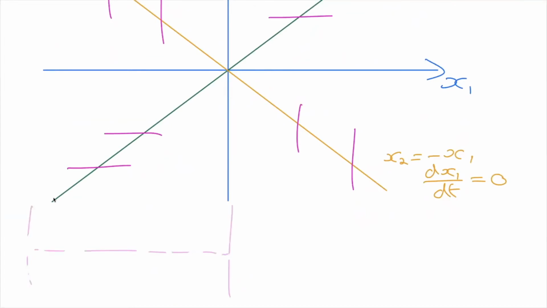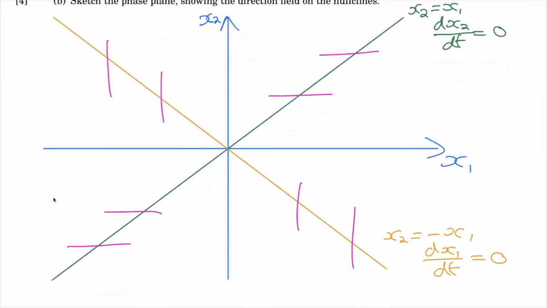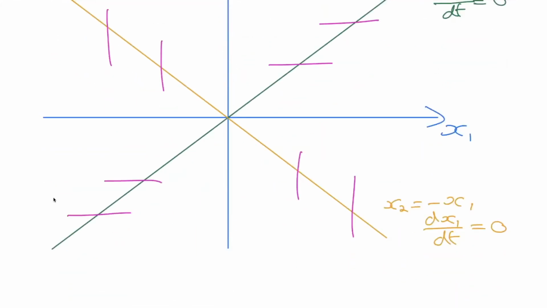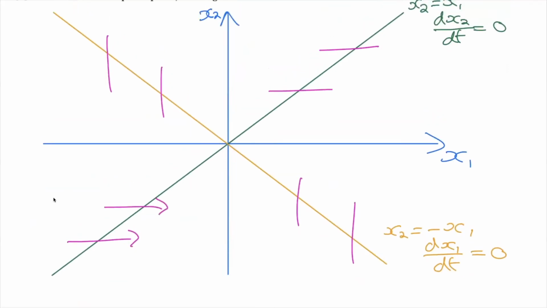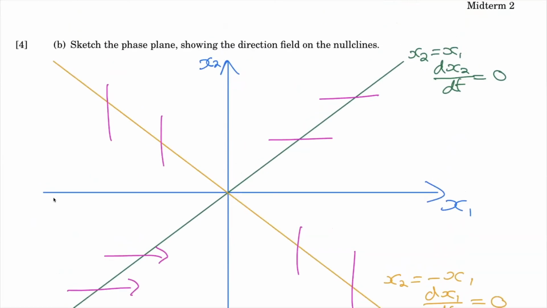We're on this green null line, and we're told that when x1 is negative, dx1/dt is positive, so we're moving to the right. Conversely, we're told that when x1 is positive, so that's this side of the graph, and we're stood on this green null line, dx1/dt is negative, so we move left.